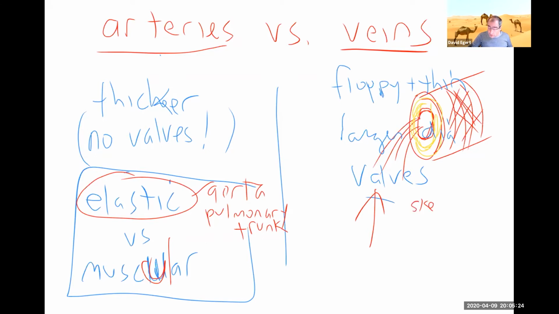Skeletal, not smooth. It's normal to think, oh, there's muscle in the wall, so maybe that's playing a role in propelling the blood, but it really doesn't seem to. It's the surrounding skeletal muscle that is massaging and keeping the blood flowing.